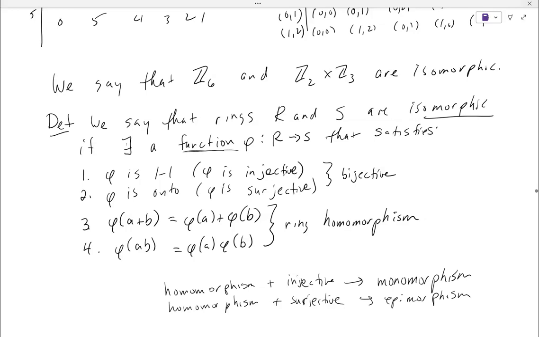The idea behind this is, as long as I have a well-defined identification, it should not matter where I do the operation. So in the first case with this example, we did the operation in Z6 and then mapped, versus the other one would be map and then do the operation in Z2 cross Z3. So from an algebraic perspective, there's something there, right? It matters where you start and where you end.